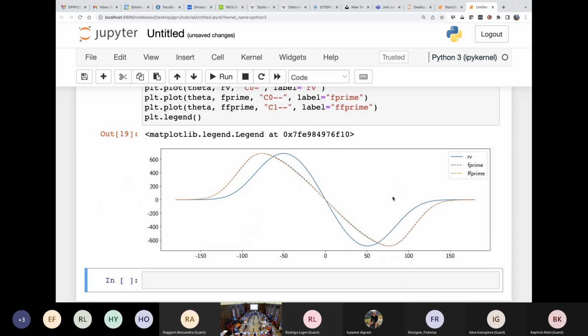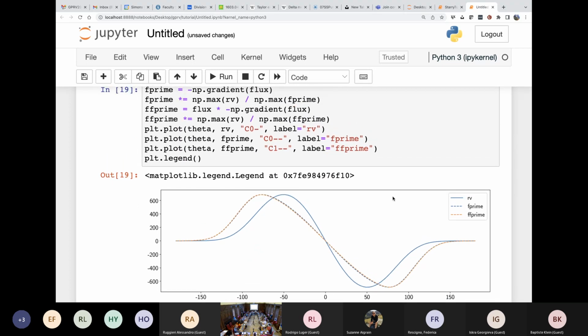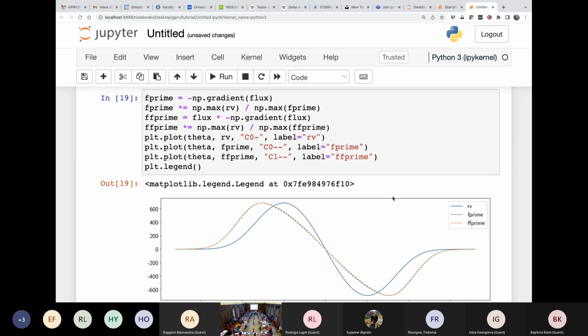Oh, very similar. Can you briefly scroll up for a second? Oh, okay. Interesting. Maybe that.